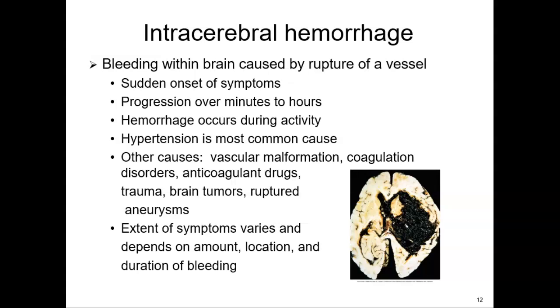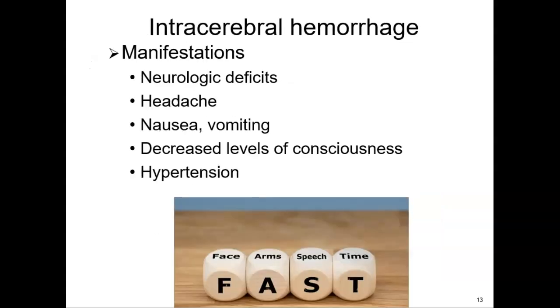They may have decreased level of consciousness. If you check their blood pressure, they are hypertensive. So that's what you have there, right? They have neurodeficits, headache, nausea, vomiting, decreased levels of consciousness, and hypertension. These are pretty dramatic. They can have progression over minutes to hours.